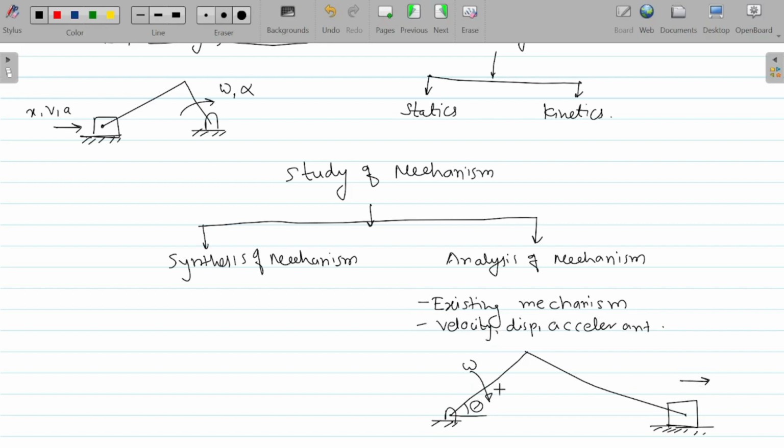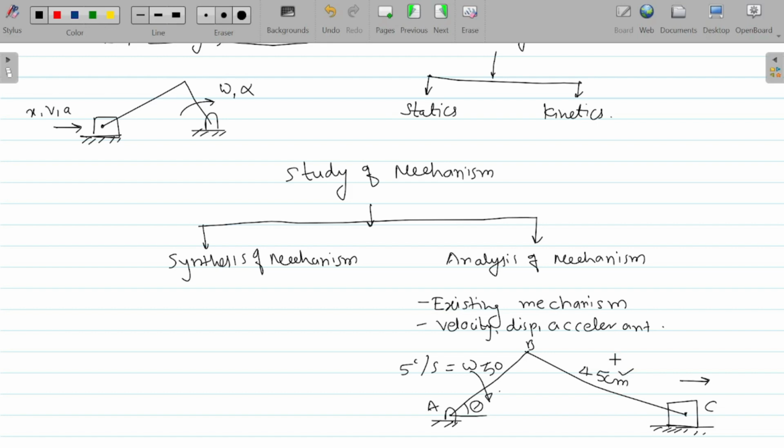I am having the length of this first link, so I will call it A, B and C. If I know this angle theta and AB is like 30 centimeter and BC is like 45 centimeter, if I know the lengths of these links, and if I know the angular velocity like 5 radian per second, then I can find out what is the velocity of point B, what is the velocity of point C. So whatever existing mechanism, we are having the mechanism with crank length 30 mm, connecting rod length 45 mm.